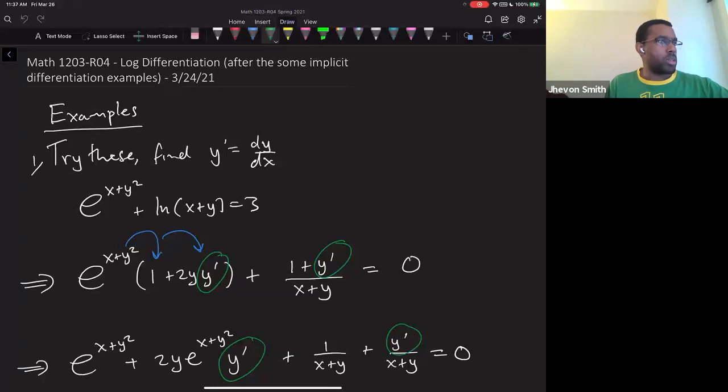Let me go to the main academic calendar. And we are in March. Okay, so yeah.